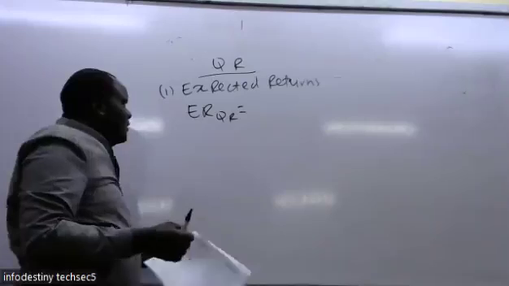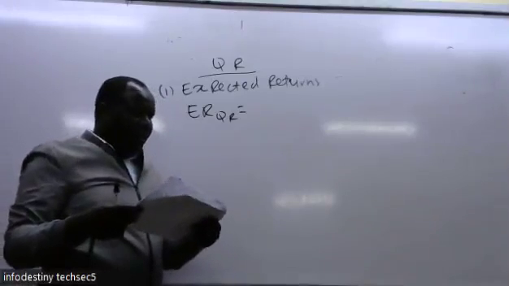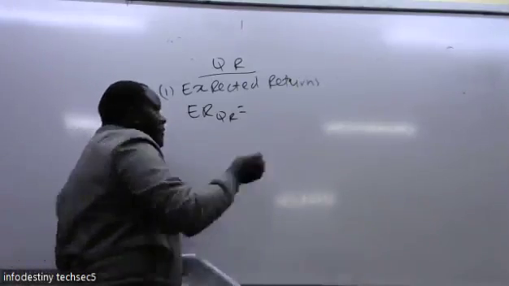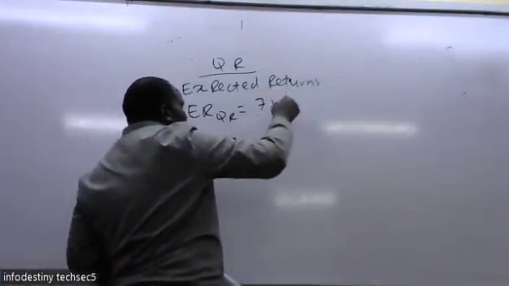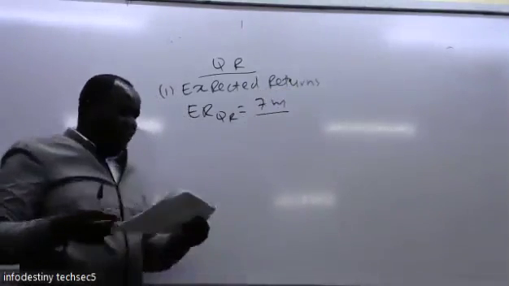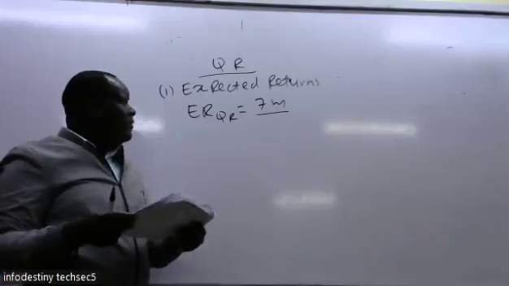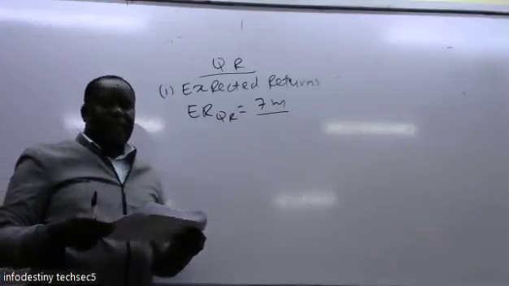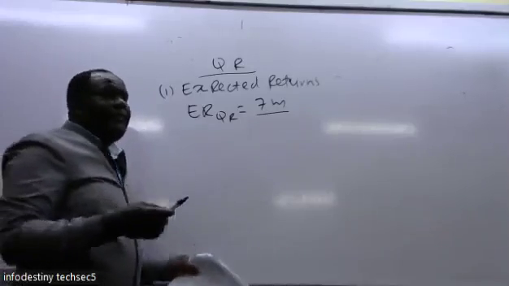So Q has 7 million. R was 6, so 7 plus 6 gives you 13.